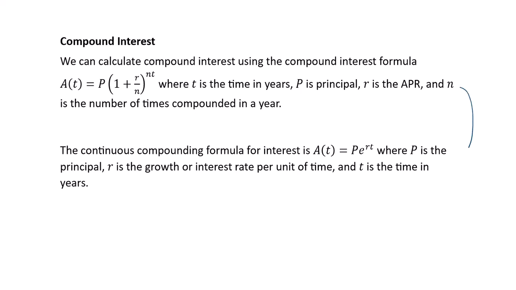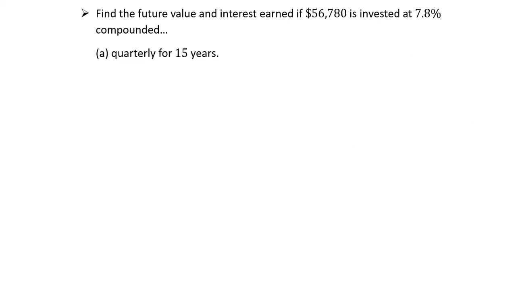Always, for either of these formulas, T is the time in years. So be careful if they've given you some time period like 6 months, then you'll be using 0.5 for T, not 6, because time for the interest formulas is always in years.